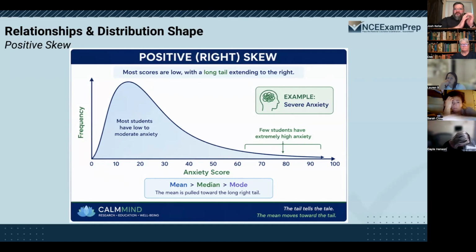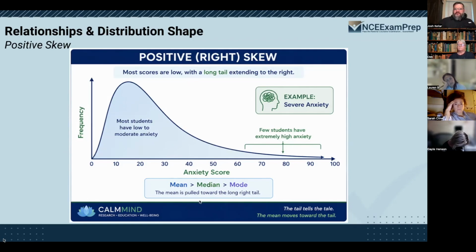Most of the students have low scores, but there's a few that have high. So it skews the results positively. Does that make sense? There's a few students that have severe anxiety. And so rather than the same number of students having severe anxiety as have very low, with most of them clustered in the middle, most of the students have very low to moderate anxiety.